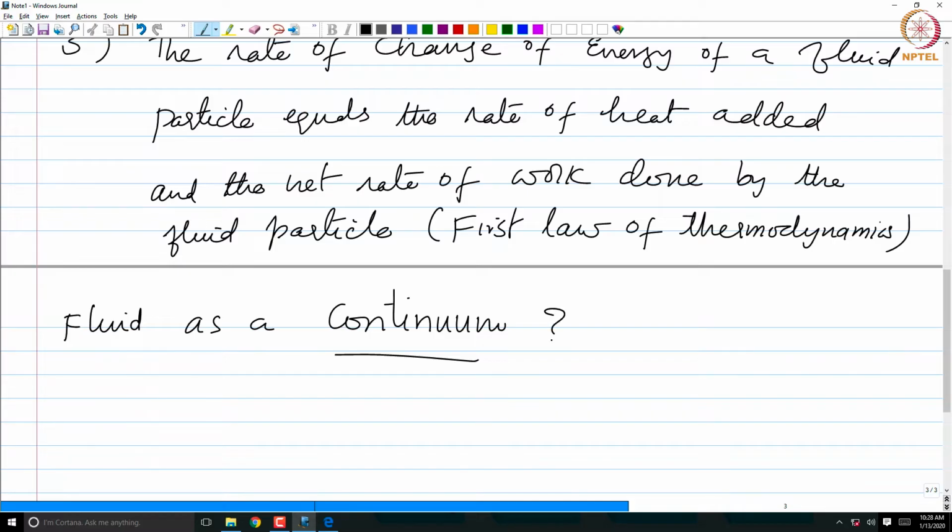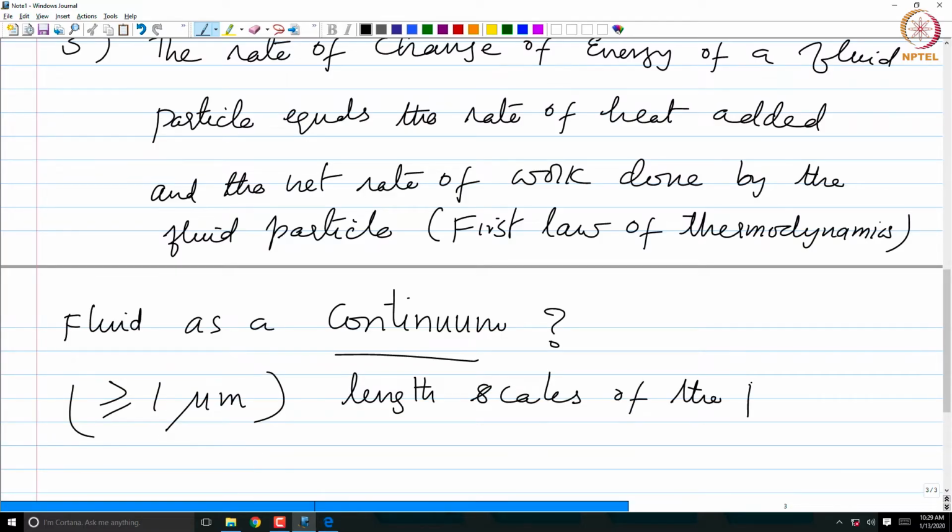Now, what is a continuum? For the kind of length scales we are looking at, for the kind of problems we are looking at, which are all greater than, let's say, 1 micrometer, we say that the fluid can be treated as a continuous field, by disregarding the molecular structure and the molecular motions of the fluid.